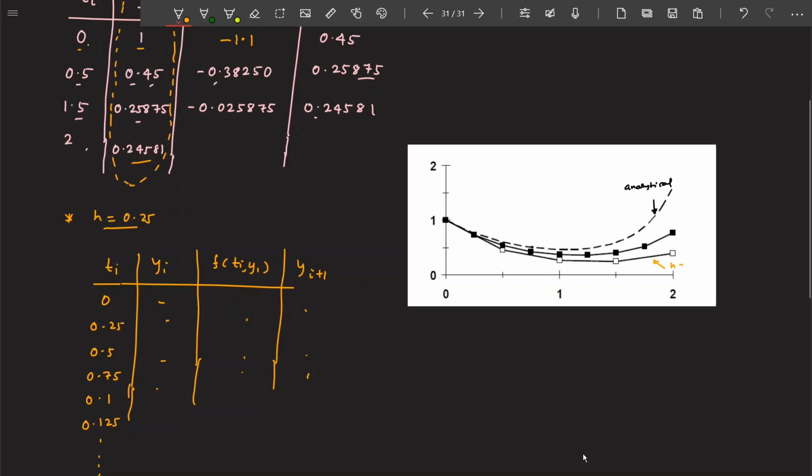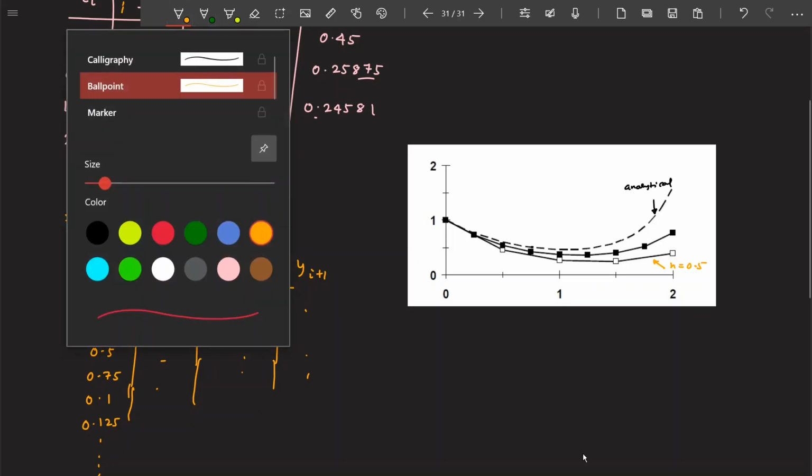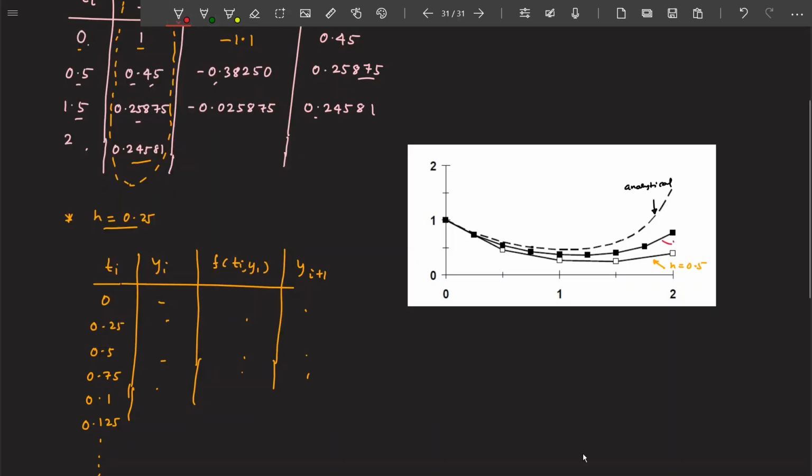This is for h is equal to 0.5, and this is for h is equal to 0.25. So if you solve this and if you plot the graph, you'll get this graph.